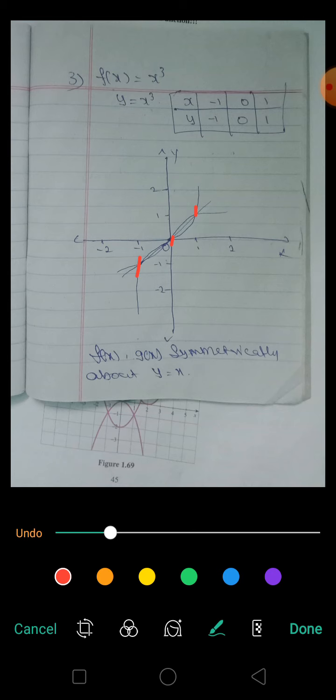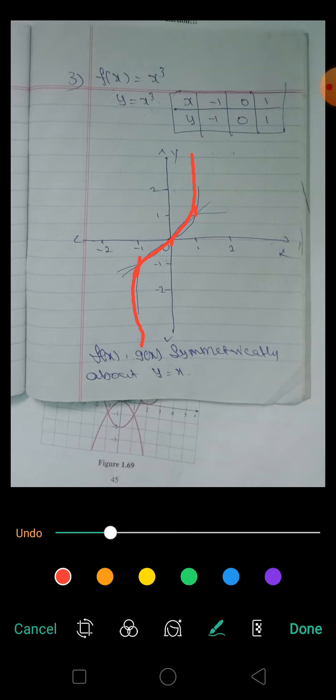After that we have to draw the curve, okay, not a straight line. So don't draw the straight line, we have to draw the curve. So the curve will come like this, okay, so it will be a curve, not like this. Yeah, like this, okay, curve. So we just drew the y is equal to x cube graph.